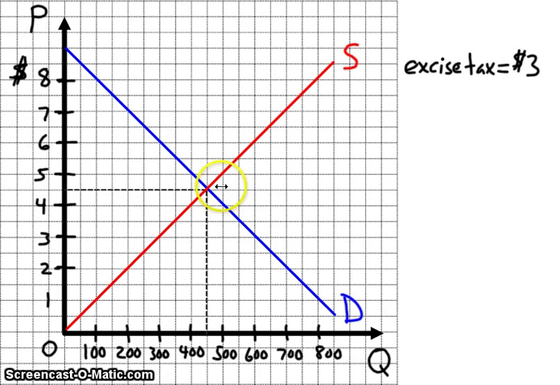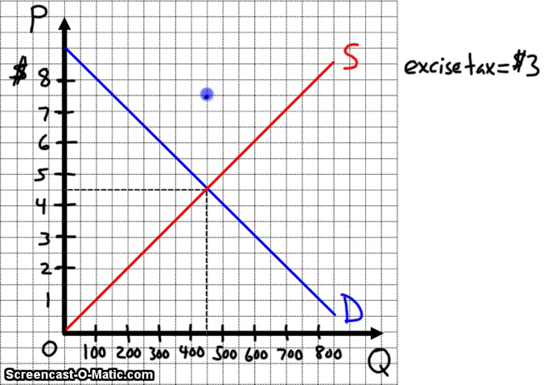There are two different ways to go. The first is to go to our equilibrium price of $4.50 and then just go up $3, so we can go up to $5.50, $6.50, $7.50, and then we're going to make a little dot there.